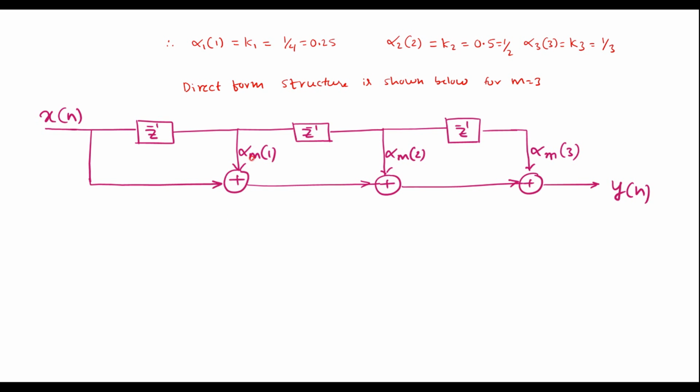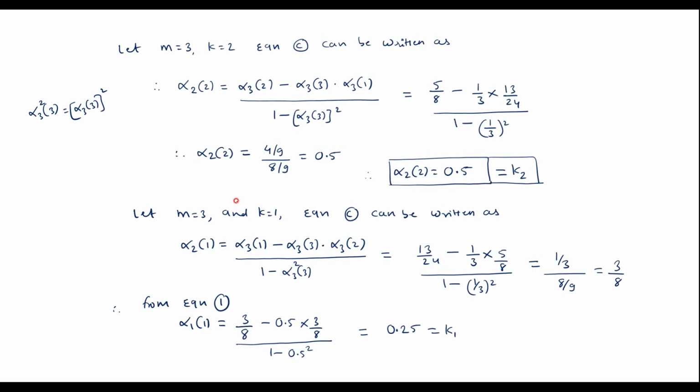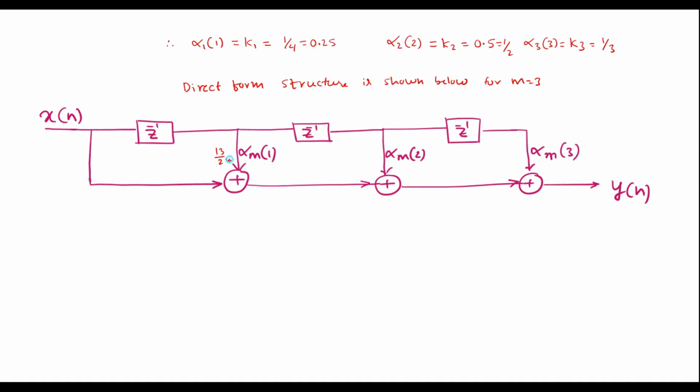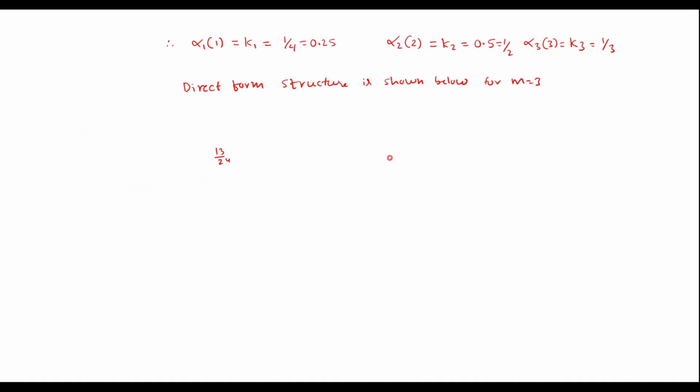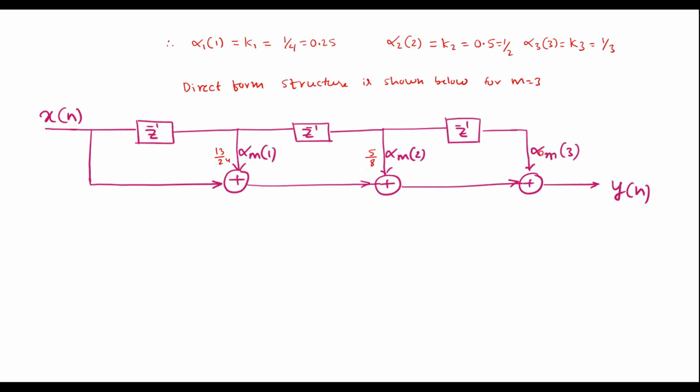So here I can write the alpha 3 of 1 value, alpha 3 of 2 value, and alpha 3 of 3 value is 1 by 3. Now the corresponding lattice structure I will draw here. The lattice structure is shown below for m is equal to 3.